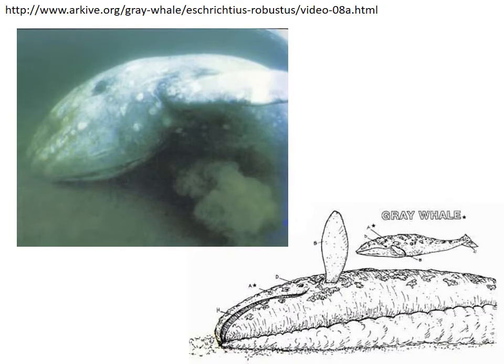And they sort of have to twist on their side to do that, and they take a side gulp of the soft mud when they're feeding like this. And so they do this in shallow waters with soft sediments, oftentimes in bays and estuaries along the Pacific coast where they're now found.